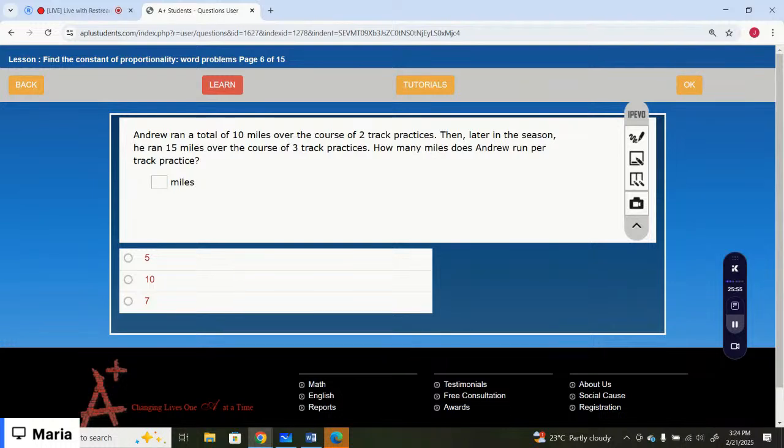Andrew ran a total of 10 miles over the course of 2 track practices. Then later in the season, he ran 15 miles over the course of 3 track practices. How many miles does Andrew run per track practice?